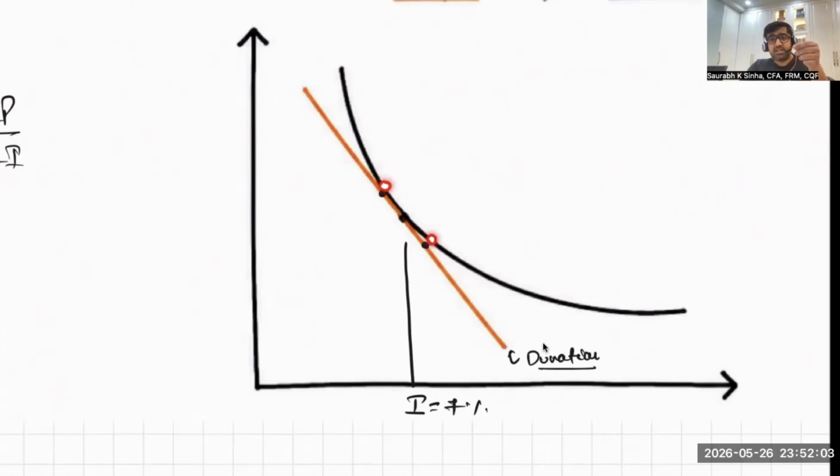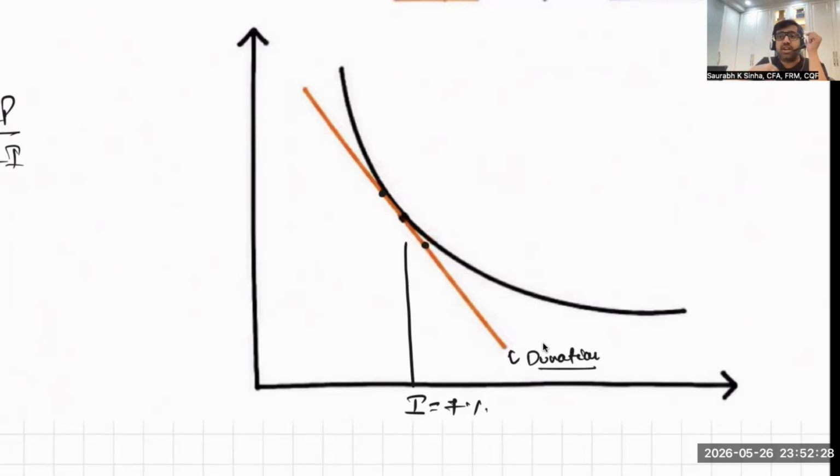These are actual prices. These are not predicted by duration or any other thing on the planet. Actual prices came out of the discounting of the cash flow with the interest rate or BA2 plus calculator. So for small change in interest rate, the duration line is saying this is the value, but the actual value is this.